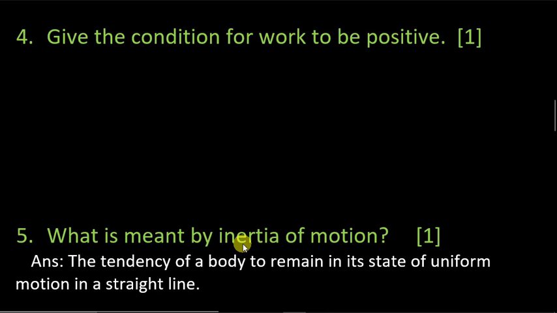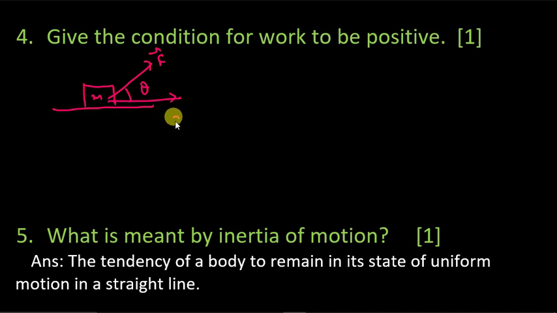Now next question is, give the condition for work to be positive. 1 mark question. Now we consider a body of mass m, a force F is acting along this, making an angle theta with the horizontal, and the body moves along this. Now, work done, from the definition, is defined as force dot displacement.